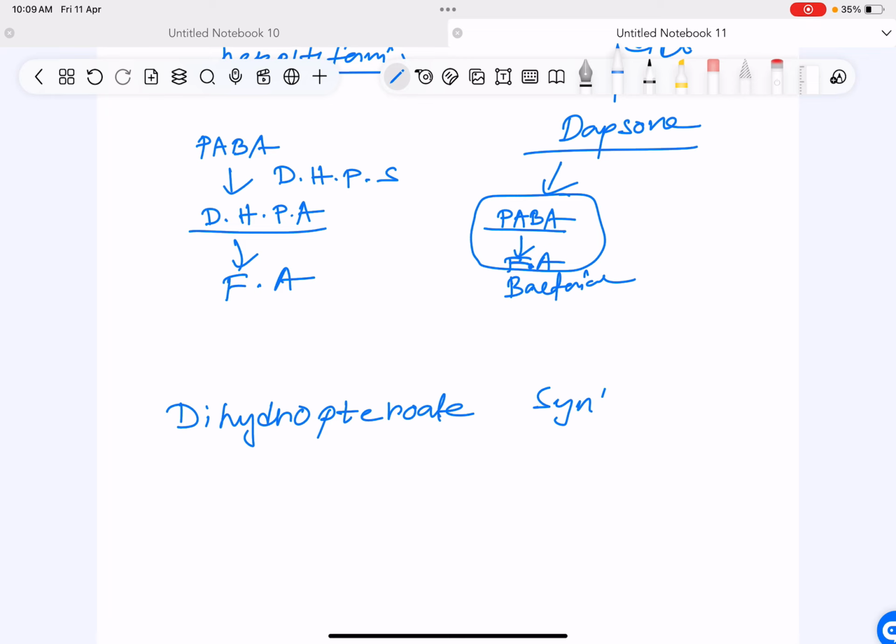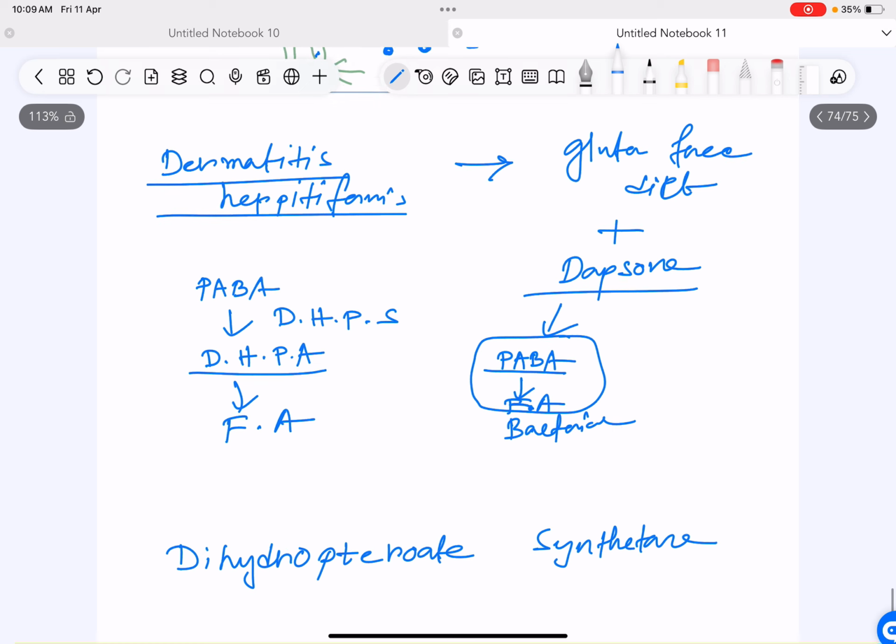This enzyme will convert PABA into DHPA, as well as Dapsone. So Dapsone competes with PABA, and will bind to dihydropteroate synthase, and instead of PABA becoming DHPA, Dapsone will get converted into something else.